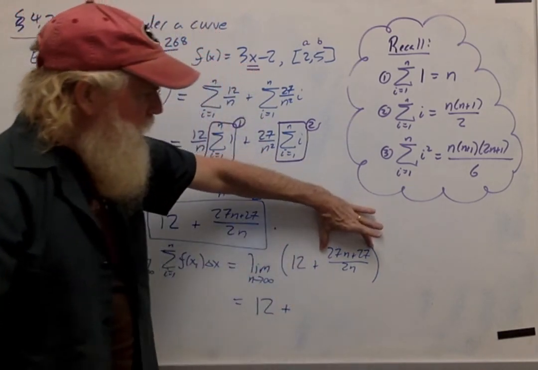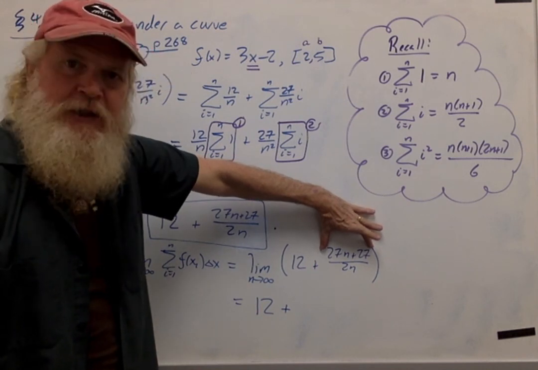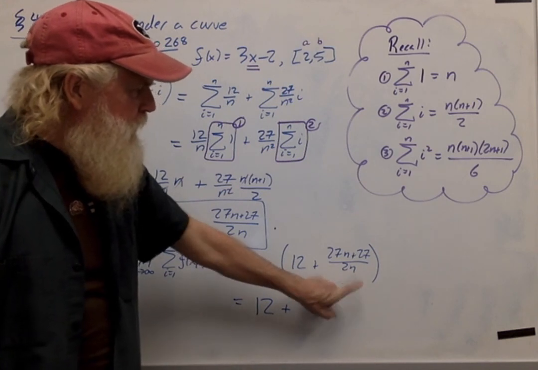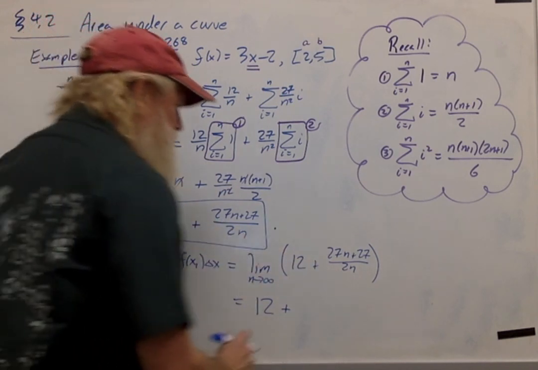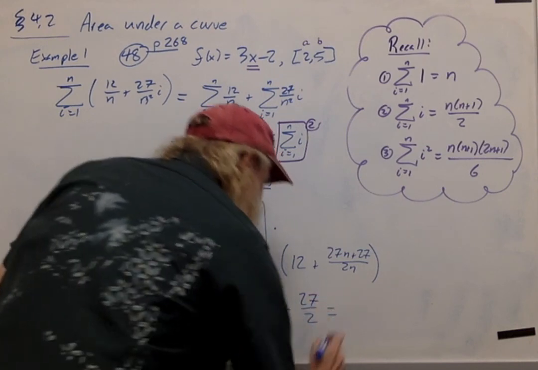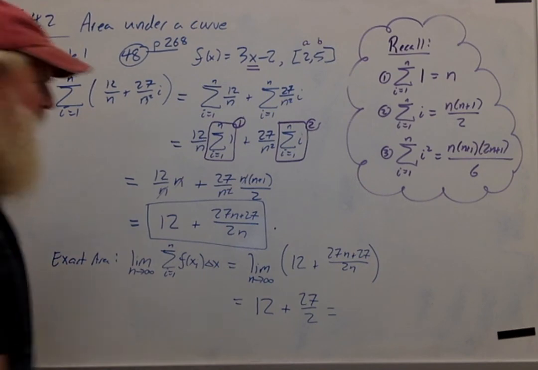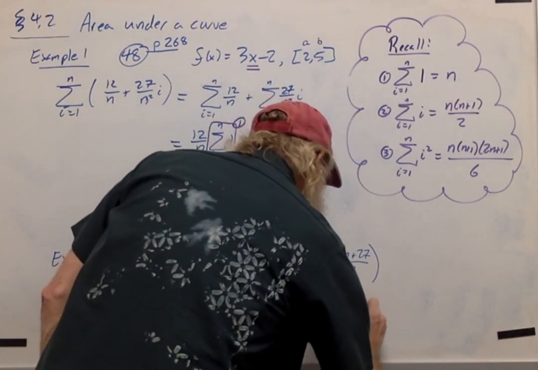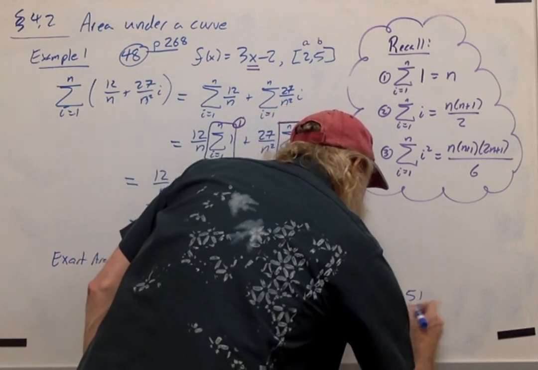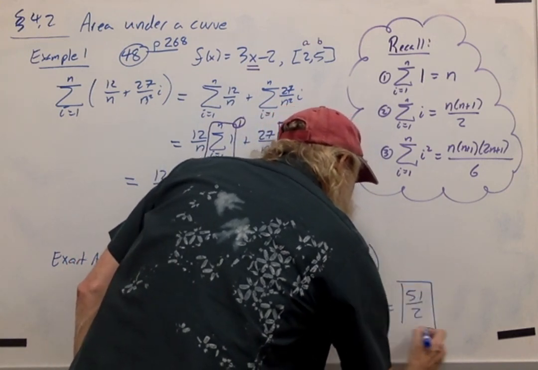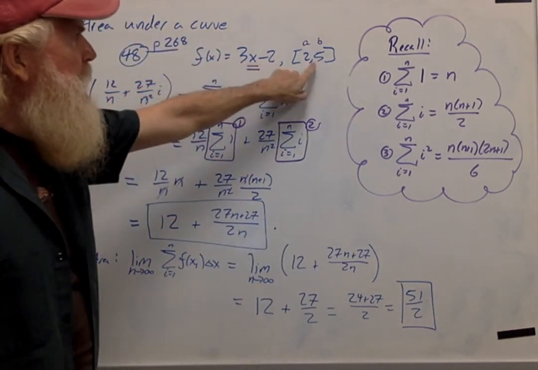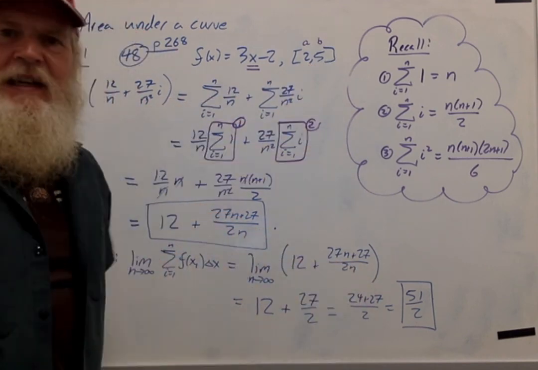And here, when I take the limit of this rational function, I notice that the degree of the numerator is the same as the degree of the denominator, so the limit will be the ratio of the leading coefficients, 27 over 2. So if you get a common denominator, that gives you 24 plus 27 over 2, or 51 over 2. So the exact area underneath 3x minus 2 between 2 and 5 is 51 over 2.